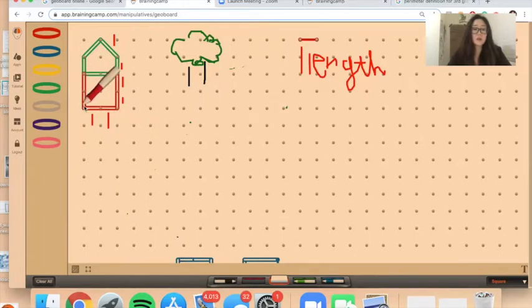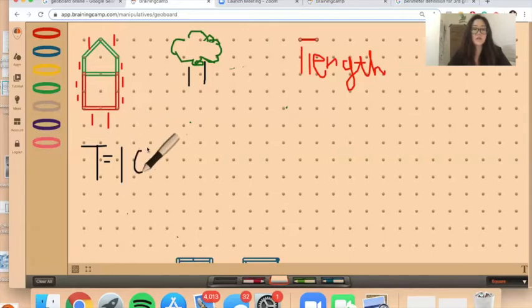So we know from here to here is 1, here to here is 1, 1, and 1. And we need to add the lengths of all the sides to get the perimeter. So the total perimeter would be 1, 2, 3, 4, 5, 6, 7, 8, 9, 10. So it would be 10.